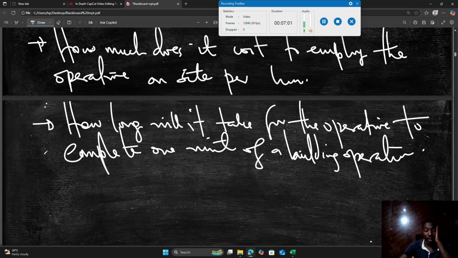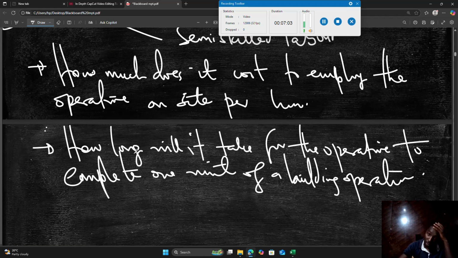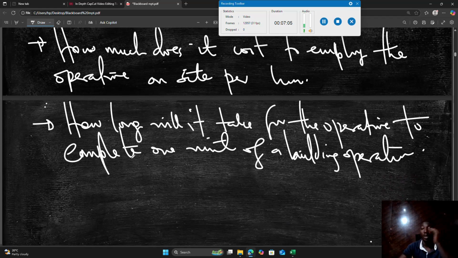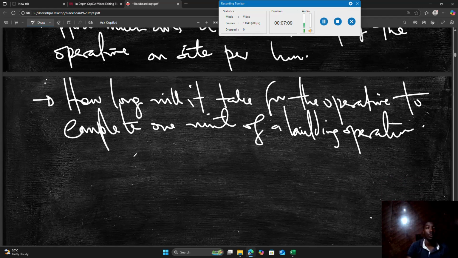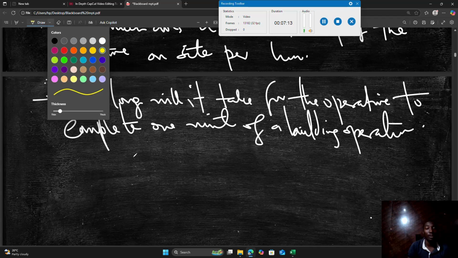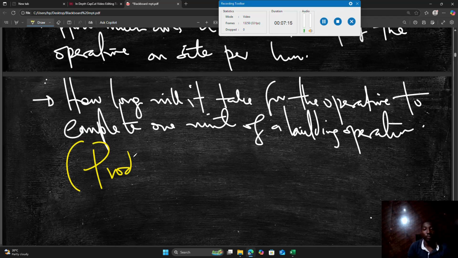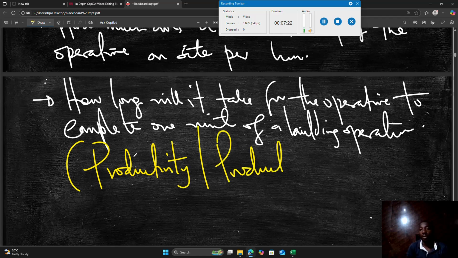So when we look at this second aspect, how long it takes for a labor operative to complete one unit of operation, this takes us to a concept of productivity, or production rates. Of course, this is of labor.